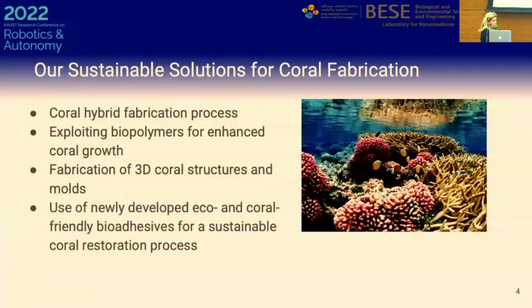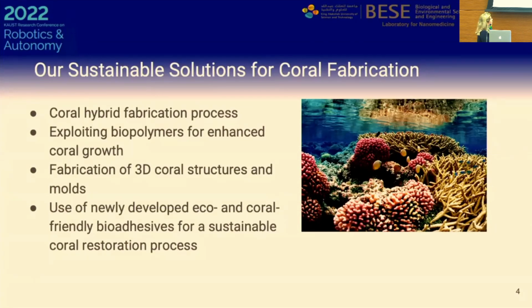So what can we do from the biotechnology and bioengineering perspective? We offer solutions through a so-called hybrid fabrication process, where we use novel materials, printing technologies, and novel robotic technologies in order to speed up this process, which would otherwise probably take centuries.